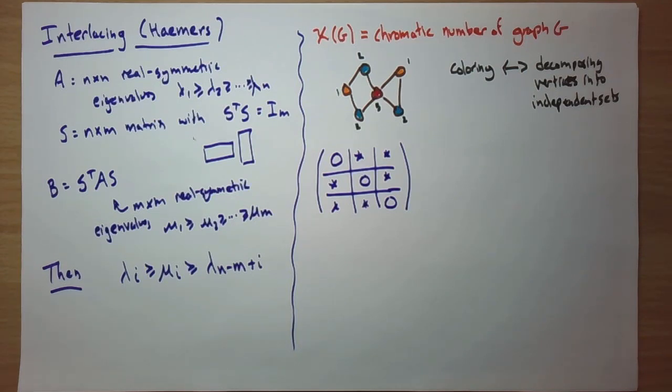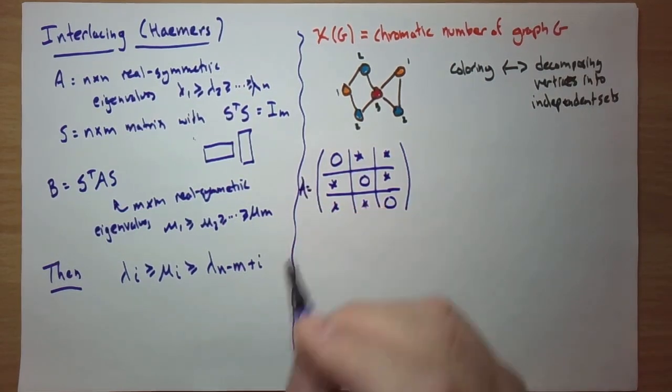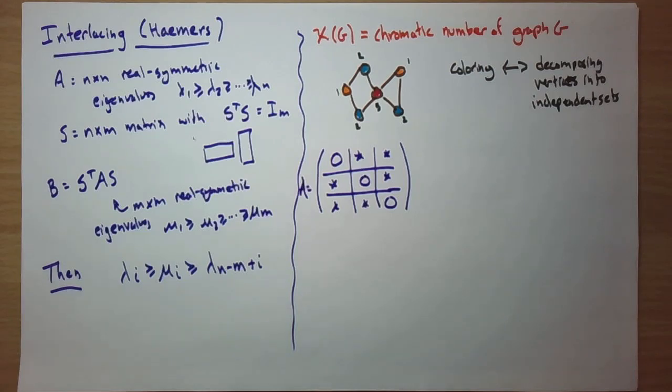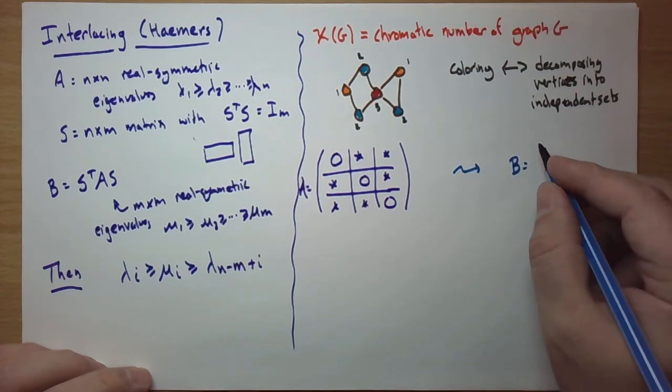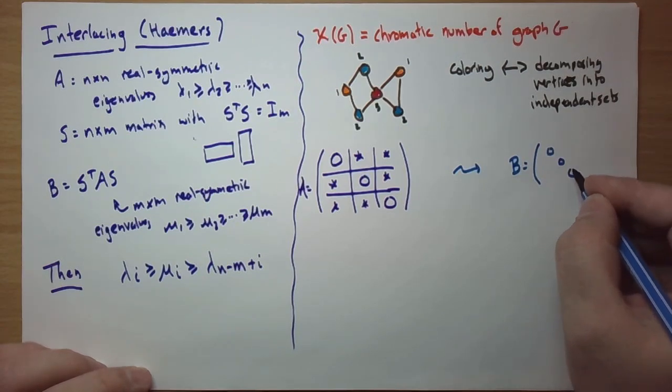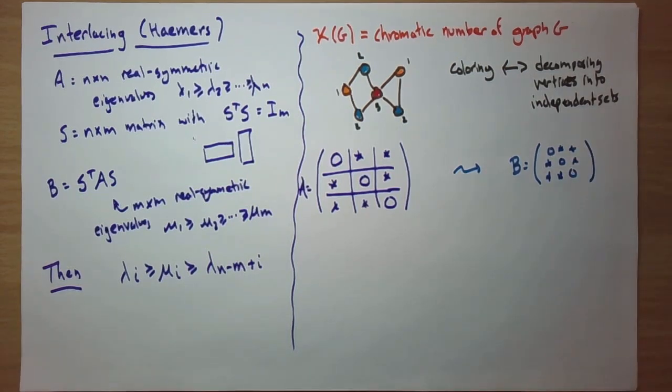Okay, so this is our original matrix A. And what we want to do is compress this into some smaller matrix B, which in this case is a 3 by 3, that somehow keeps useful information. Okay, so that's our goal. Now, we have to decide what we want to keep.